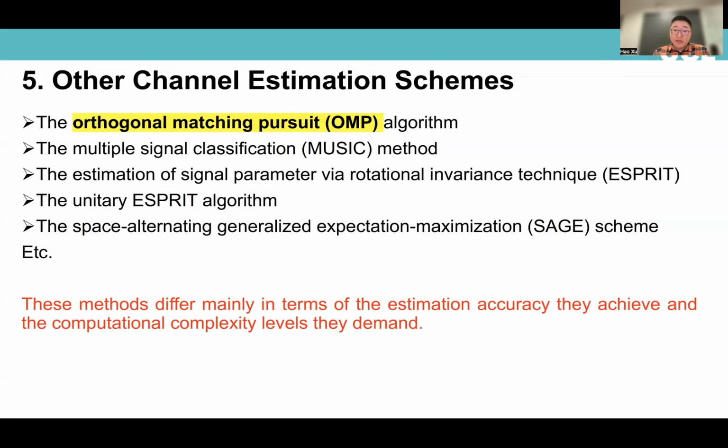This is also the scheme we compare in the simulation with our L3SCR scheme. And there are some other schemes like the MUSIC method, ESPRIT scheme, unitary ESPRIT algorithm, and SAGE scheme. These methods differ mainly in terms of the estimation accuracy they achieve and the computational complexity levels they demand.